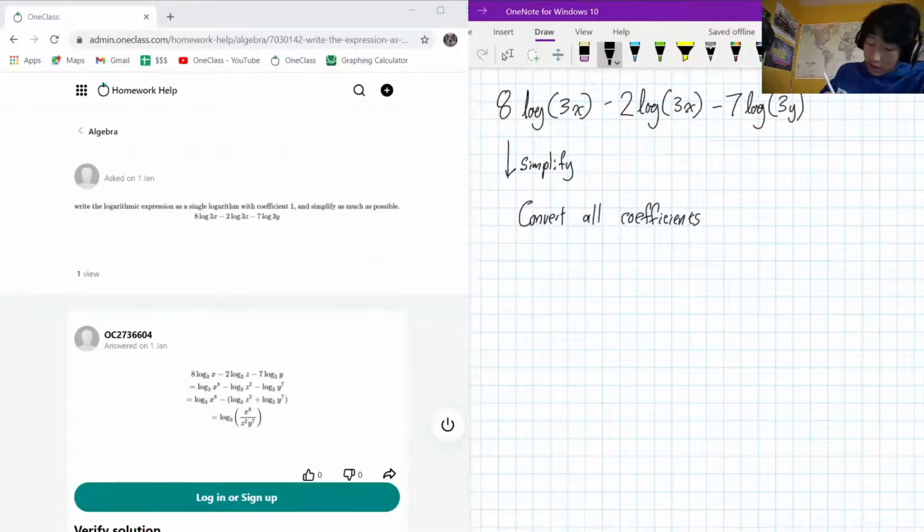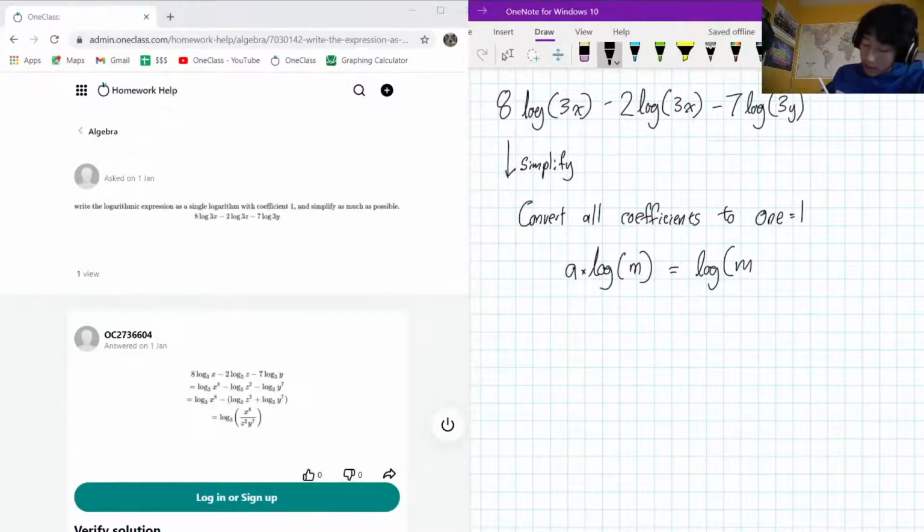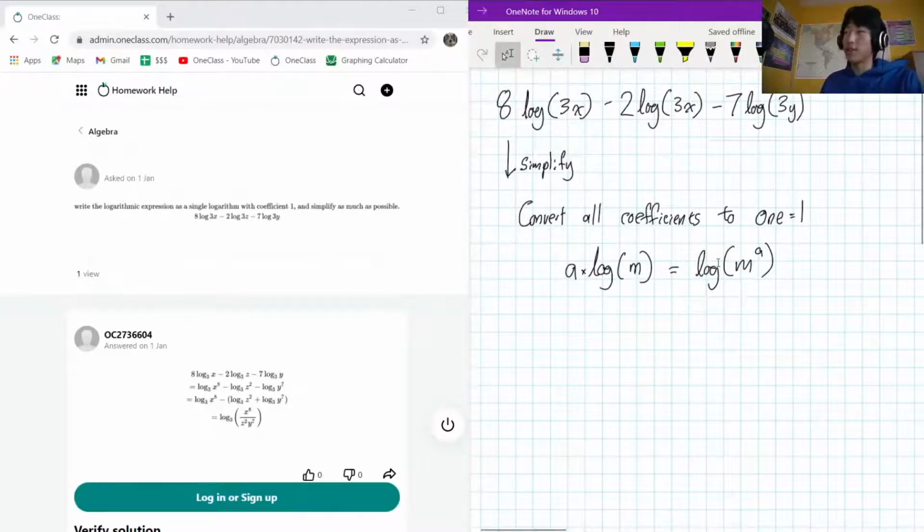Let's say we have a times log of m. We could rewrite this as log m to the power of a. So we can move those coefficients into the powers of the argument, and this will help us eliminate all the things in here.